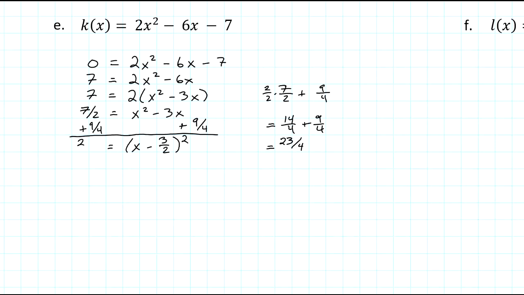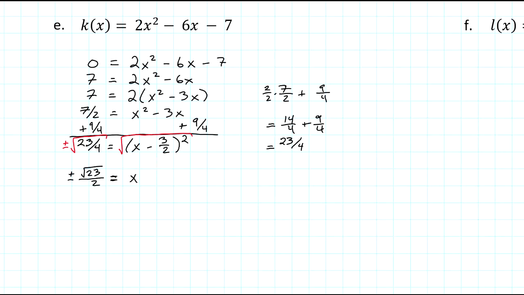All right, so we've got 23 over 4 equals x minus 3 halves all squared. And we can take the square root of both sides. Not forgetting our plus or minus. So this is nice. We'll now have plus or minus the square root of 23 over 2, because I can take the square root of the 4 in the bottom there.